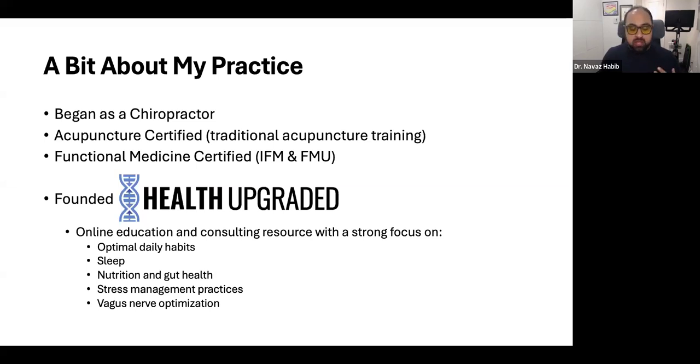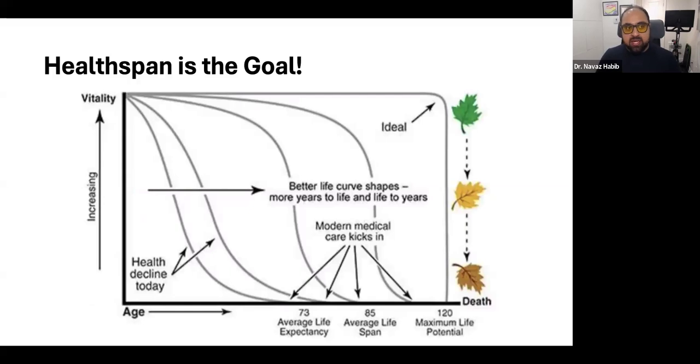So in my practice, what we're trying to help people create is health span. Health span, to me, is extending your functional years as long as possible, up until the point where we all will eventually pass.